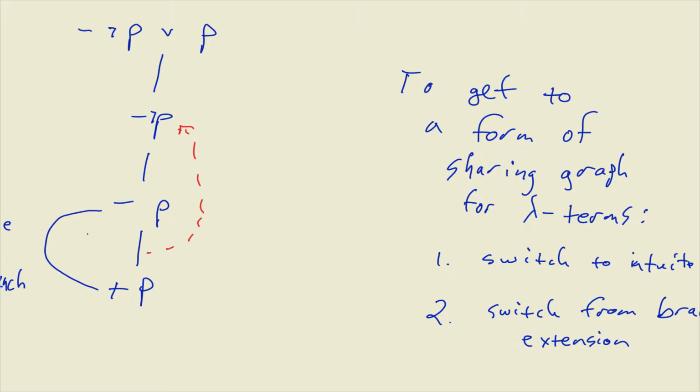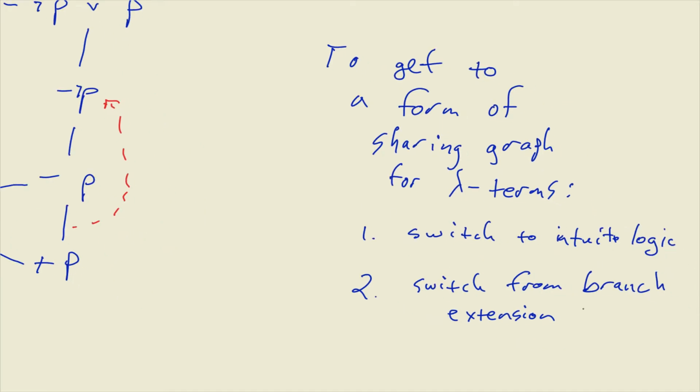But if you're going to have some kind of term notation, some kind of notation for a lambda term, I think we need a more explicit connection between the consequence on some branch and where it originates. And so we need to switch from branch extension to a graph notation.